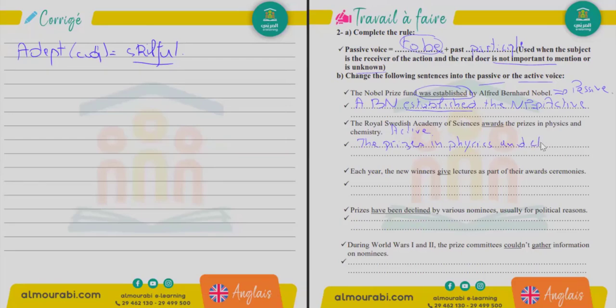It is present simple, so we use the auxiliary to be in present simple, which is are, plus past participle of award, which is awarded. So: are awarded by the Royal Swedish Academy of Sciences, full stop. Right.